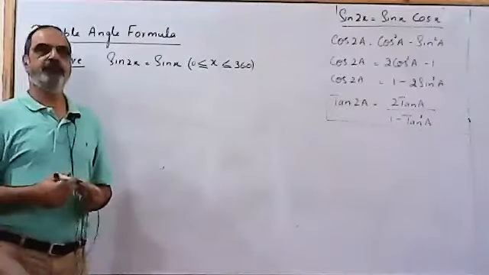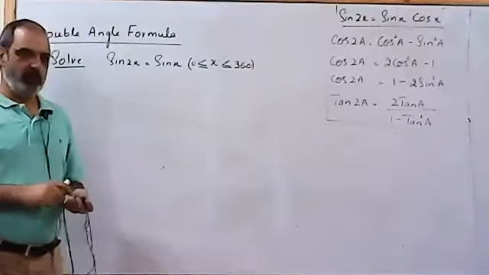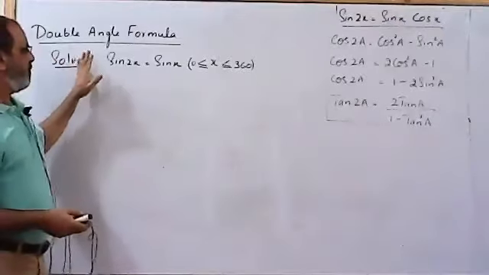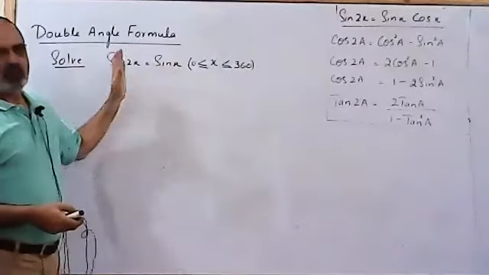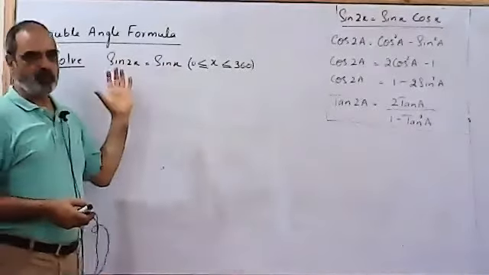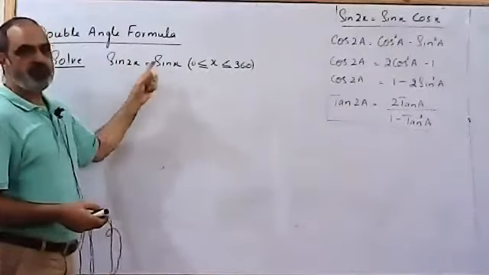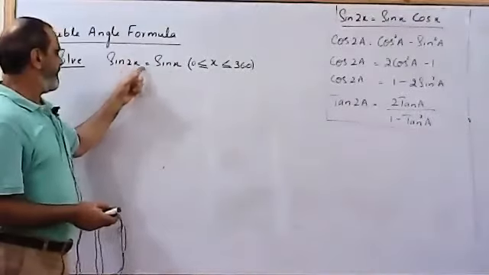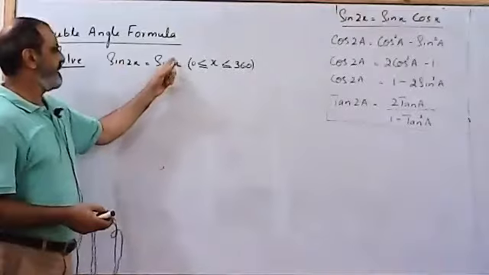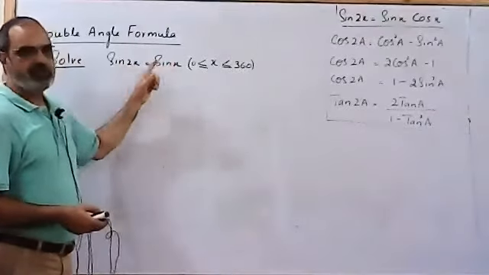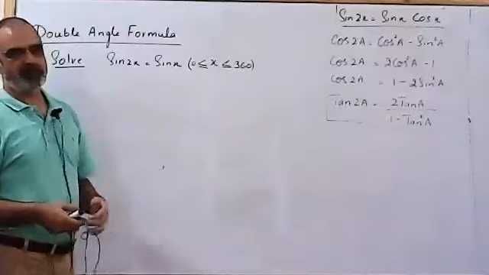We know that to solve an equation, either we have all sines or all cos or all tan in the equation. We have all sines, but the angles are different. The angle should be the same as well. Here the angle is 2x, here the angle is x. So remember, both these angles should be the same, then we can operate further.